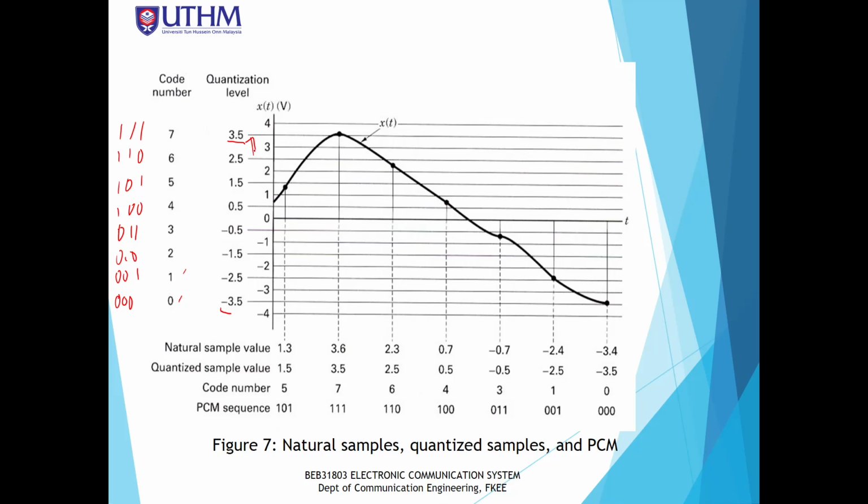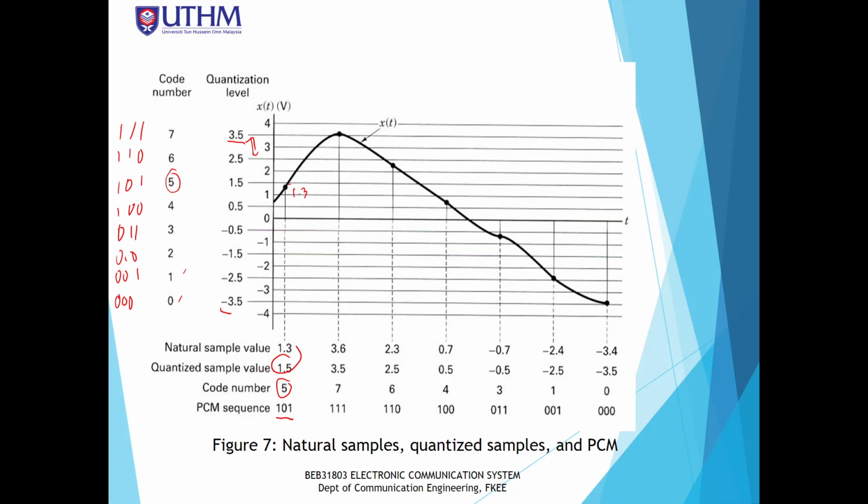The step size is equal to 1 volt. Okay, step size-nya adalah 1 volt. So kalau kita lihat di sini sample pada 1.3, okay, 1.3 rounded up to 1.5, and then we do the process encoding. Encoding will assign with number 5. So number 5 in PCM code word adalah 101.